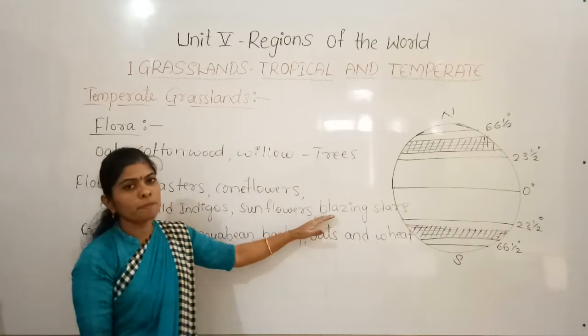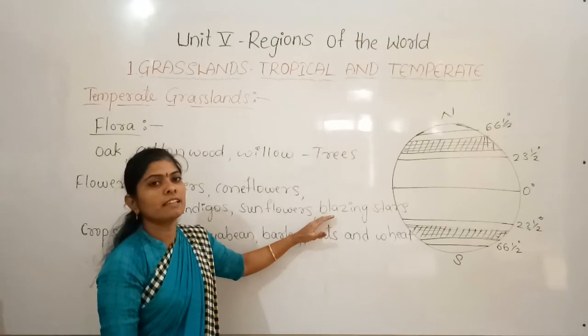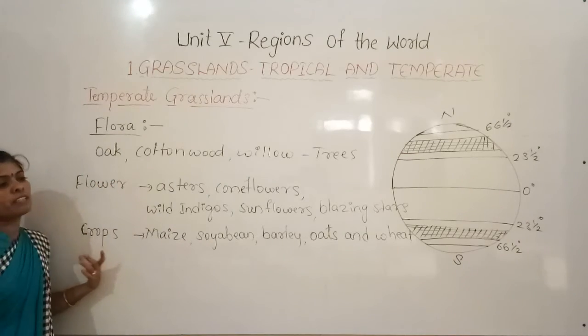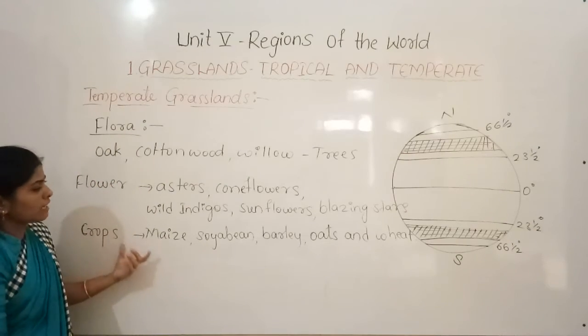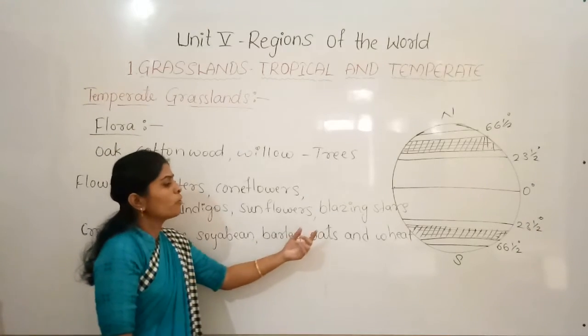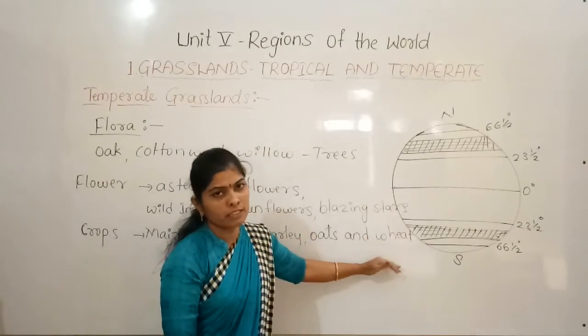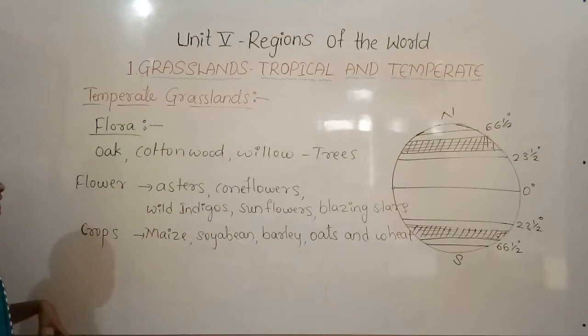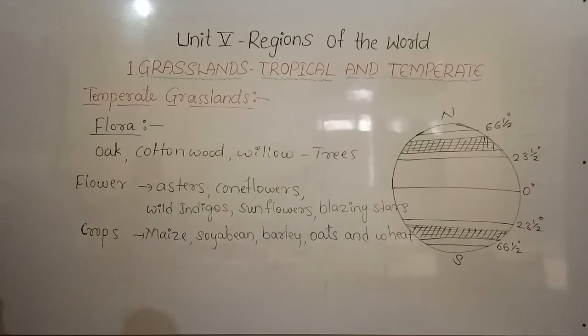These are some of the flowering plants in the temperate grasslands. And the crops which we can see in the temperate grasslands are maize, soybean, barley, oats and wheat. So these are some of the crops which we can grow. The grains we can see. Right? This is about the flora of the temperate grassland. Now we can discuss the fauna.